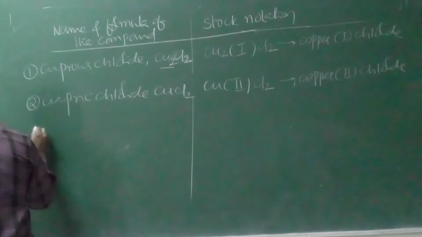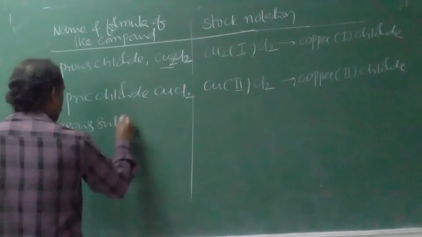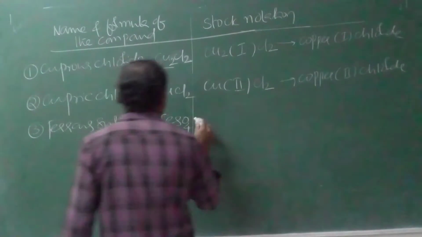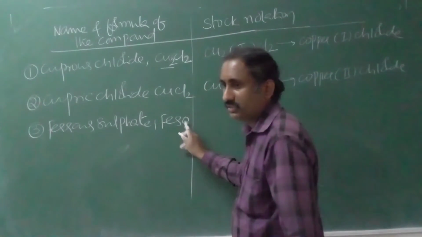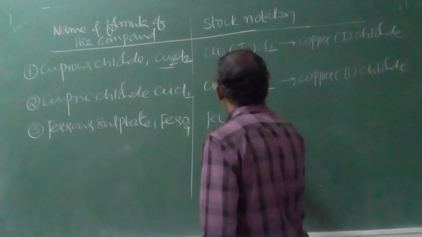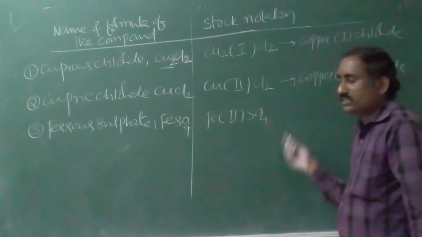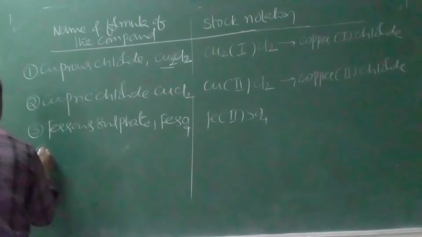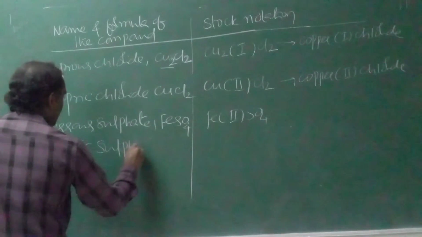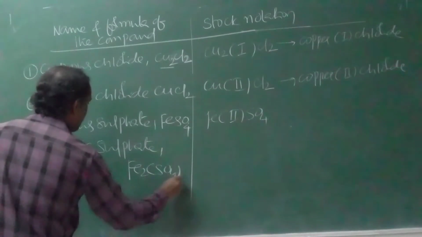Next, ferrous sulfate. Formula FeSO4. Stock notation: iron oxidation state. Sulfate is -2, therefore iron is +2: Fe(II)SO4. Anyhow, there is no need to write the name. Next, ferric sulfate. Ferric sulfate formula Fe2(SO4)3.